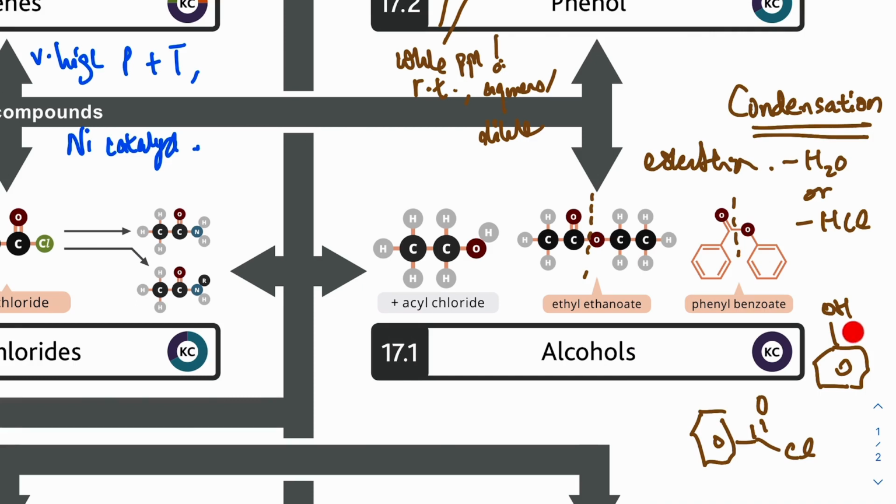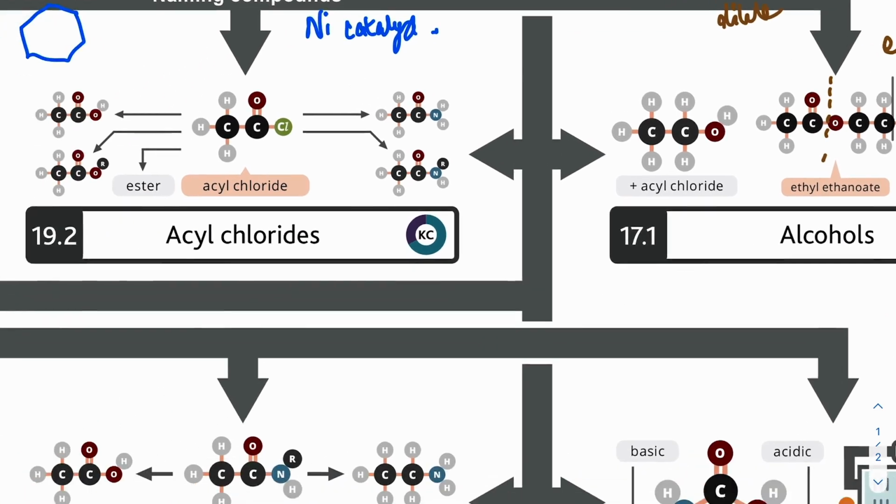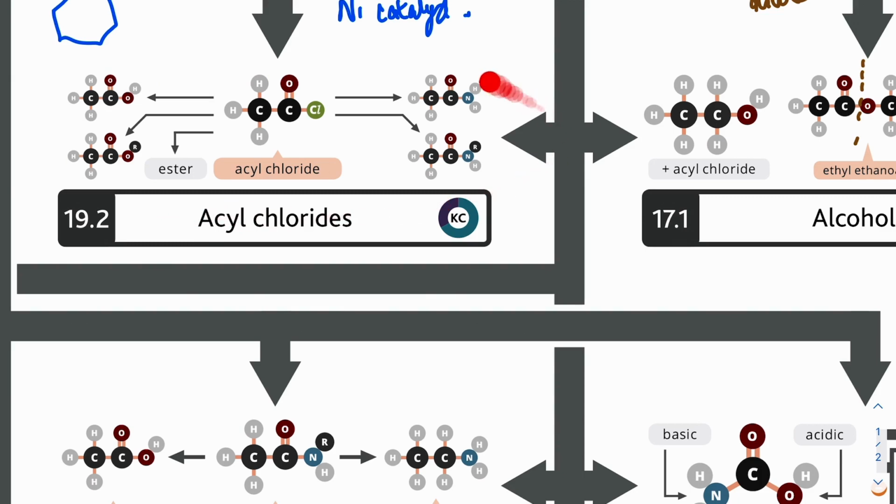What you can do is you can make this into a base, but this is reactive now, so this should react with this straight away at room temperature without the need for concentrated sulfuric acid catalyst, because you have a highly delta plus carbon there, as a result of the two highly electron withdrawing groups there. Okay, that's basically the chemistry of acyl chloride.